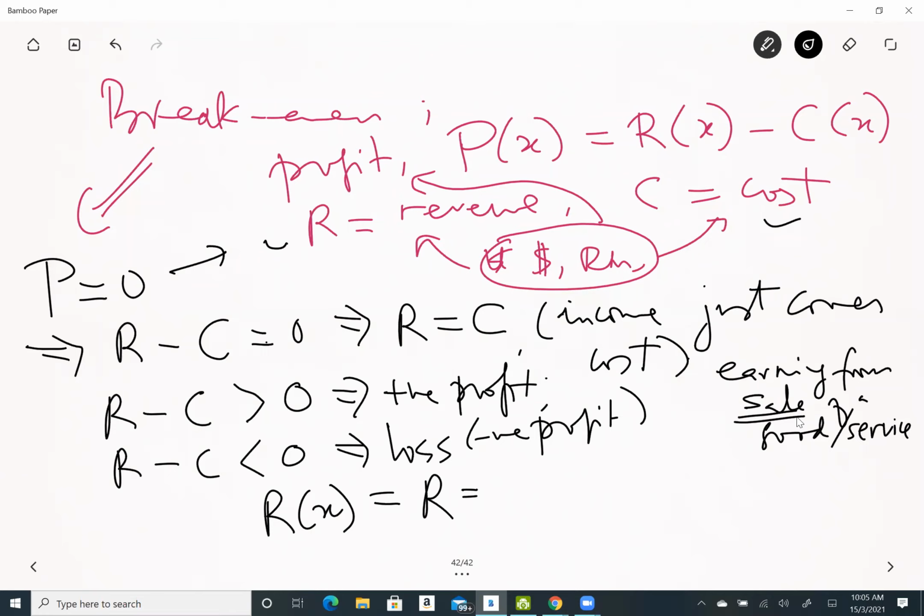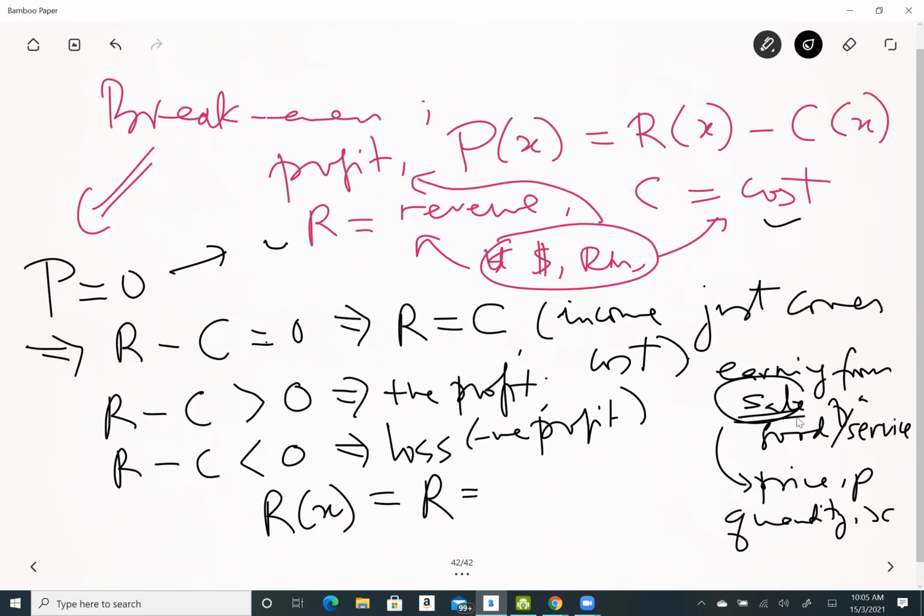To measure revenue from the sale, what you need is, of course, the price of the good, call it P, and then you need the quantity of the good that you sell, that will be X. So revenue is simply P times X. Now, for this purpose, because we are looking at revenue as a linear function, we will assume the price P is a constant.